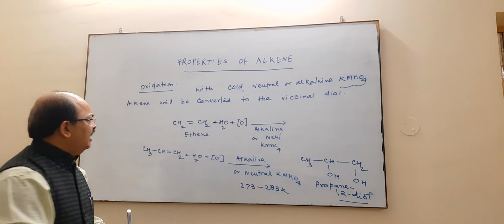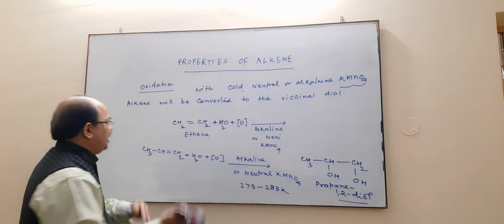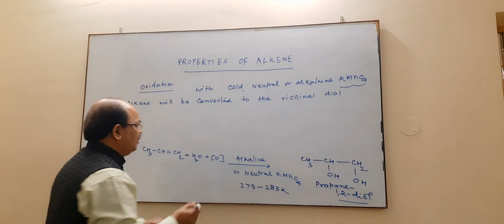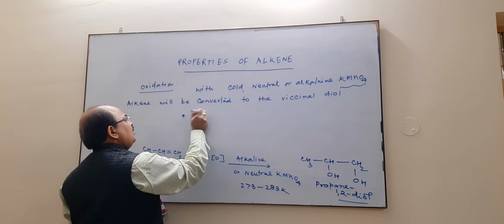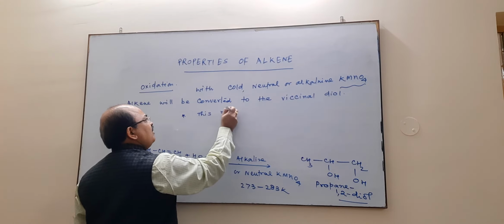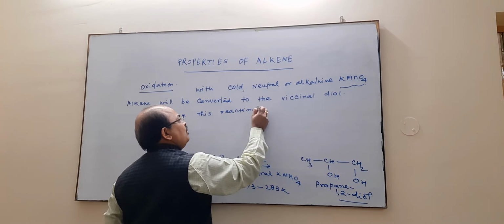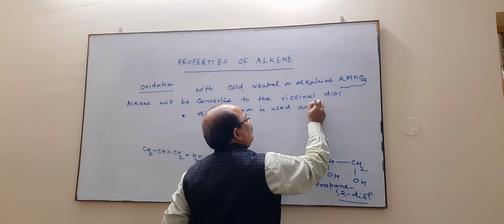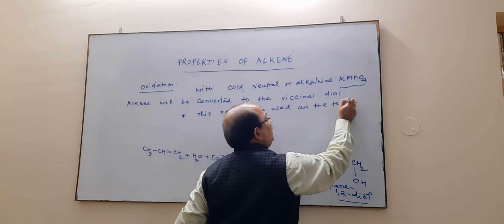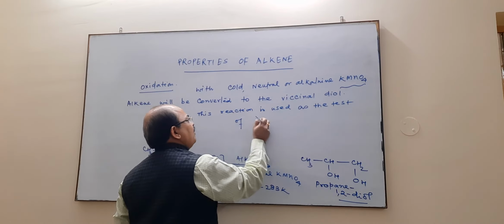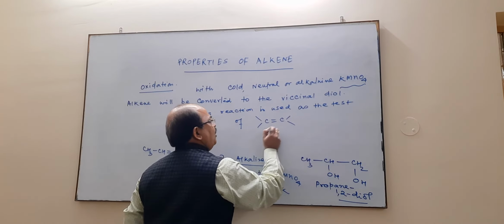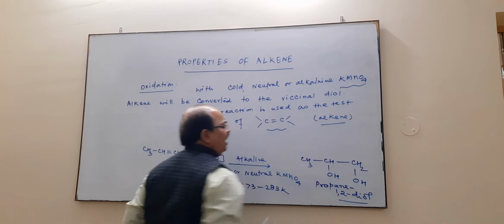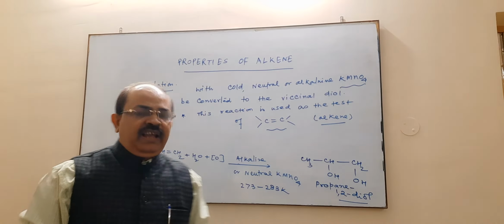Somebody asks you why this reaction is very important, because this reaction is used as the test of alkene, test of carbon-carbon double bond, you can say the test of alkene or unsaturation.